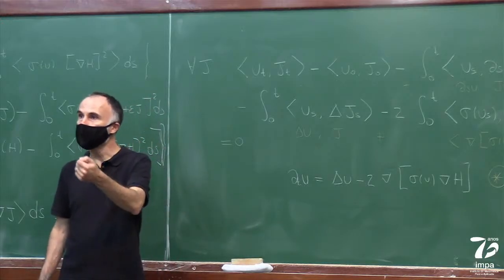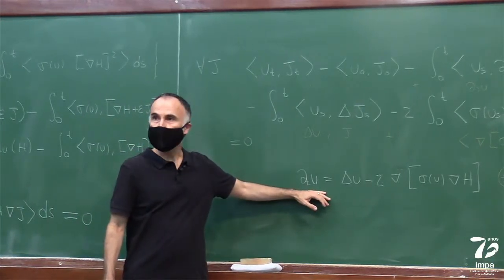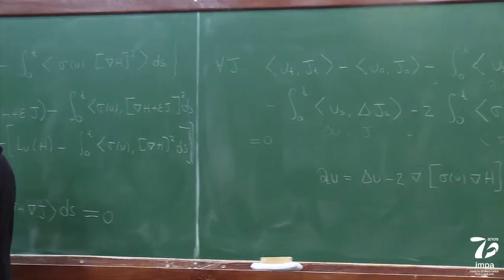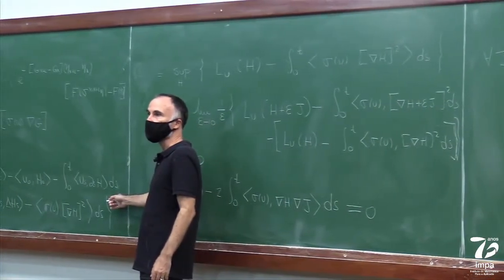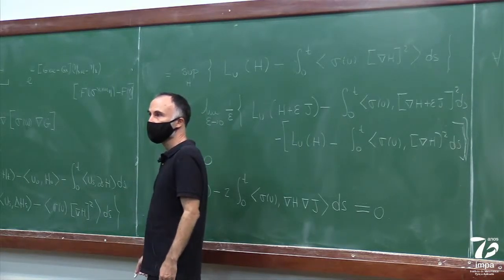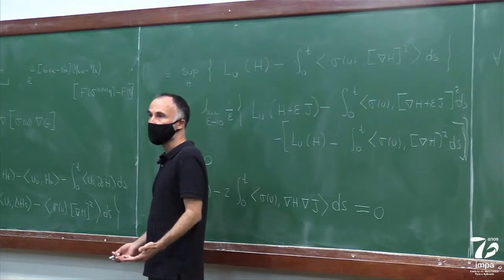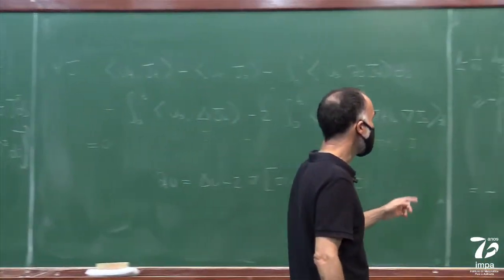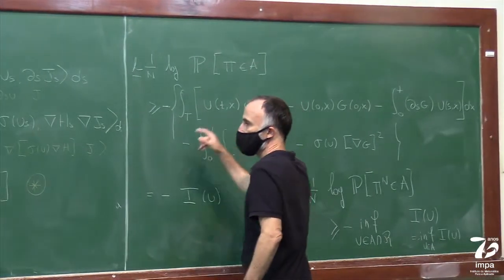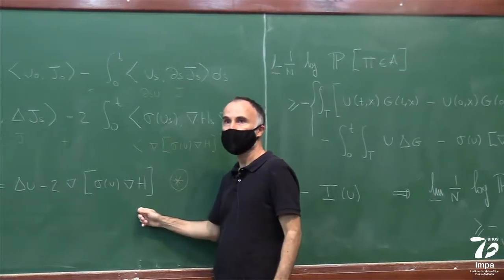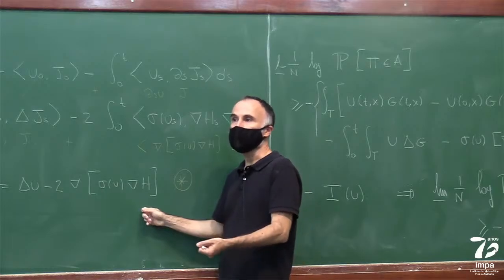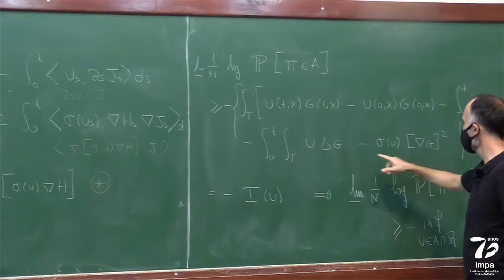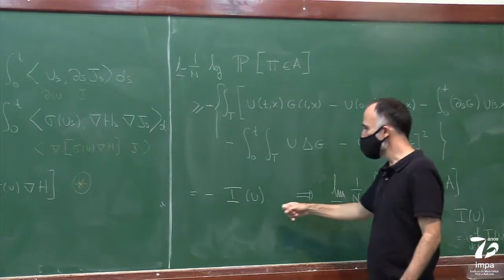So you give me u, I solve this equation in h, I find this h, and I plug it in this expression, and I get I of u. And this is exactly what's written there. Because there, I started with u, I solved exactly this equation, and I obtained g, and I plugged it in this equation. So this is indeed I of u.